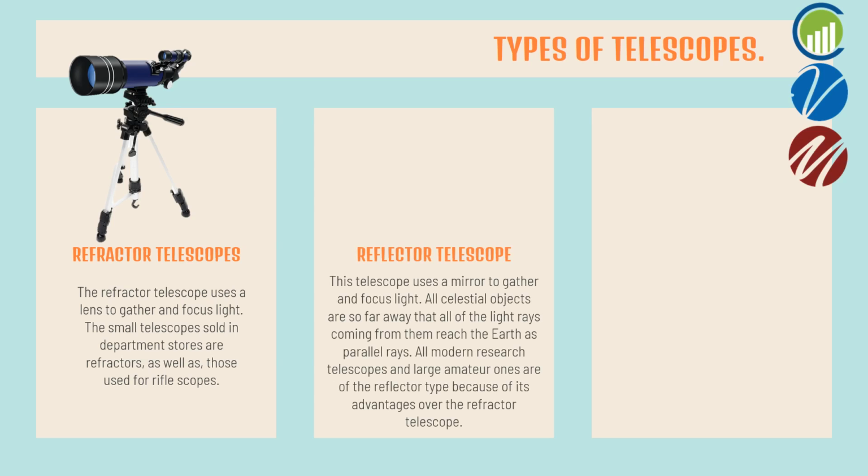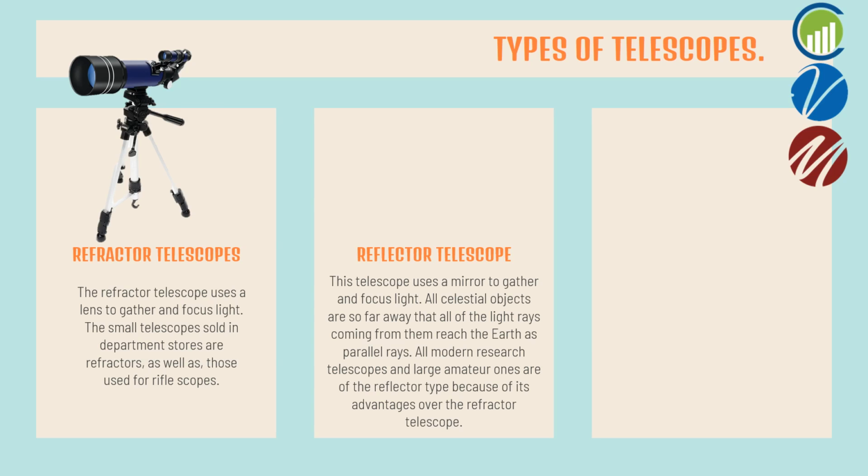The reflector telescope. This telescope uses a mirror to gather and focus light. All celestial objects are so far away that all of the light rays coming from them reach the Earth as parallel rays.